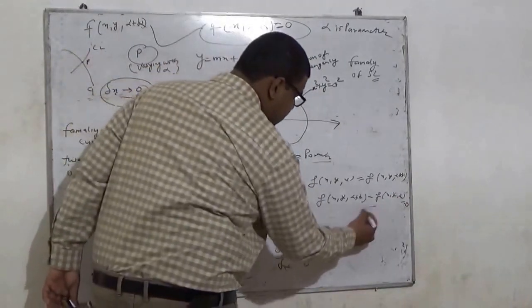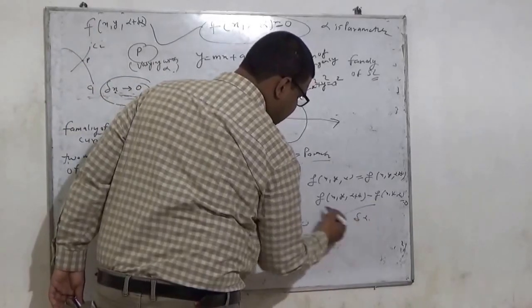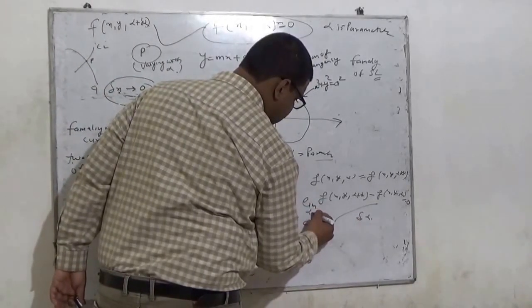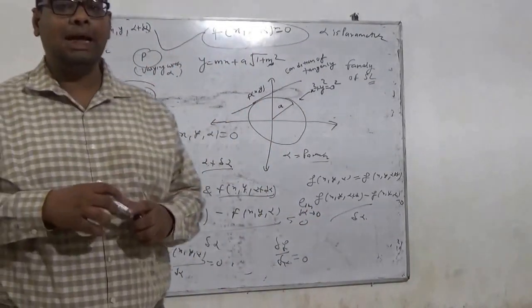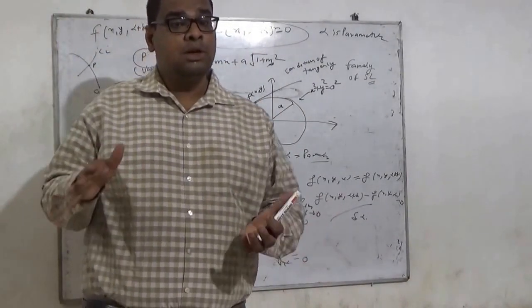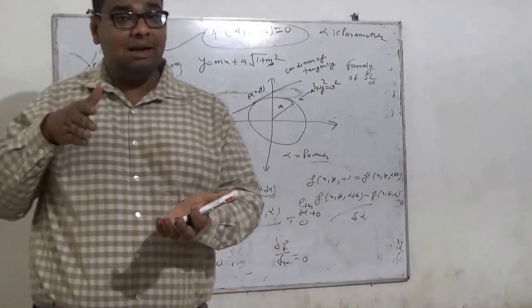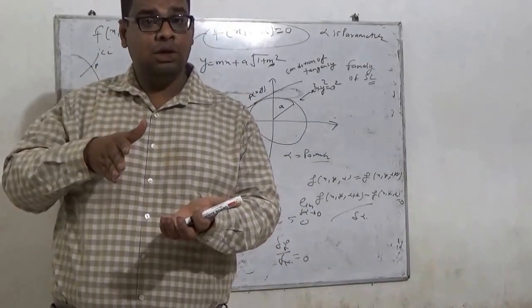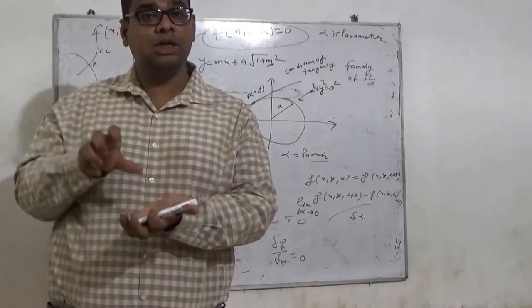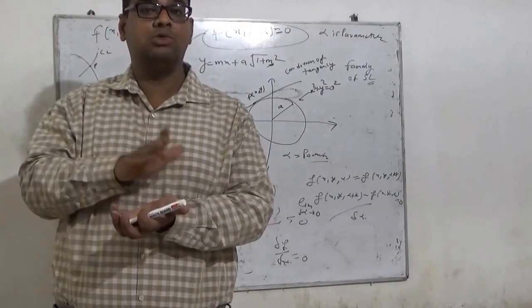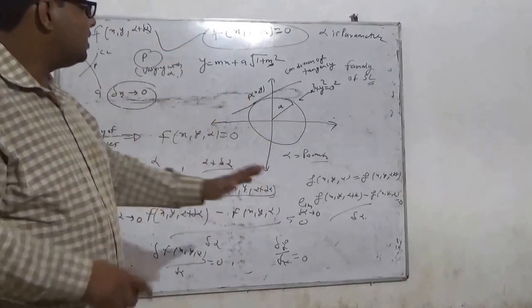Now if I divide both sides by del alpha and I apply the limit del alpha tends to 0. Why am I applying the limit del alpha tends to 0? Because as del alpha tends to 0, the point which is varying according to values of the parameter will tend to the definite point. Now this is the right hand derivative.